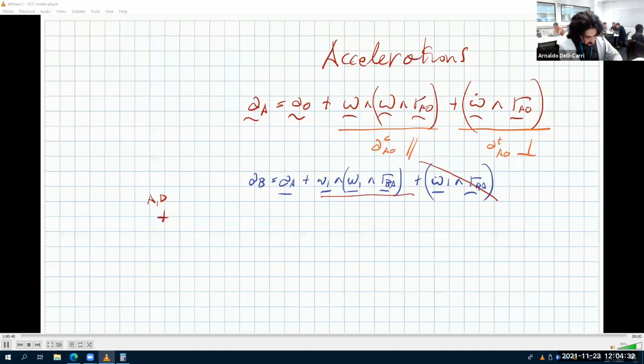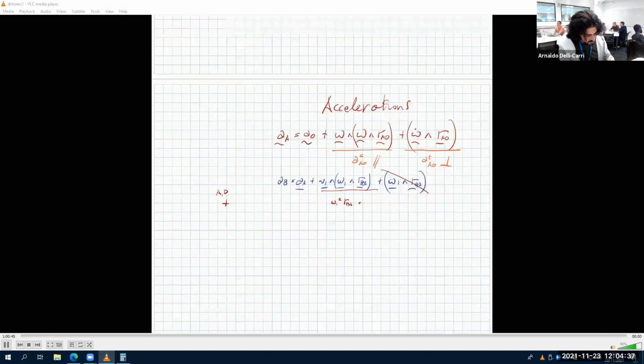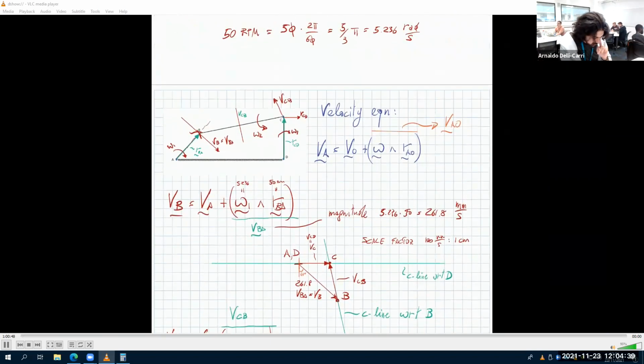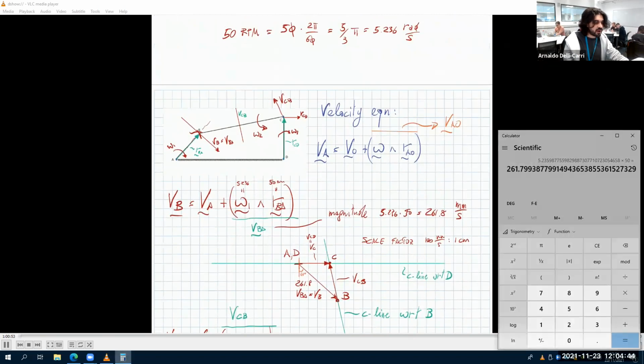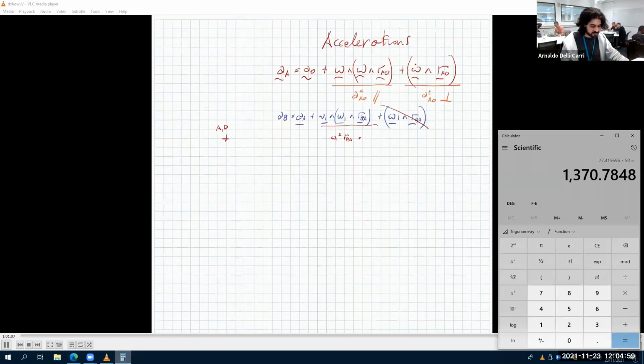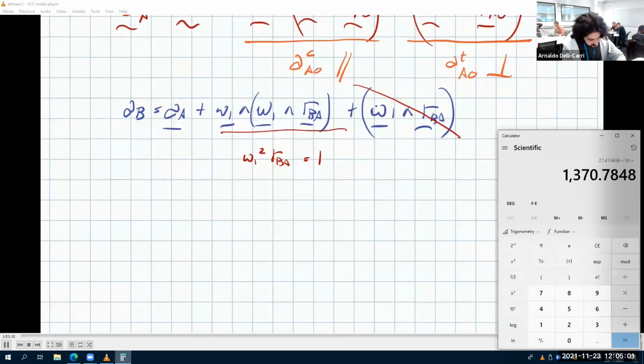This is omega 1 squared RBA, which is 5.236 times 5.236 times 50 millimeters. So this is 1,370 millimeters per second squared, about 1.37 meters per second squared.